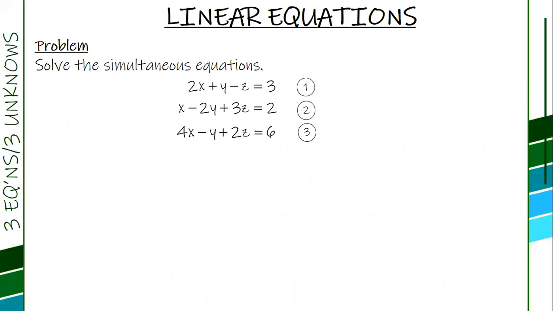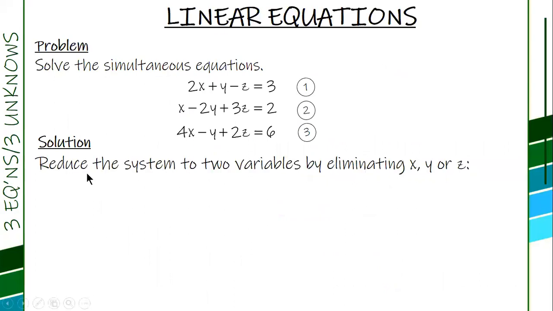And then once ma-solve na to ang isa ka variable, substitution na dayon. So, mamili ka. I-reduce nimo ang system to two variables by eliminating x, y, or z. Mag-eliminate ka, pili ka either x, y, or z.